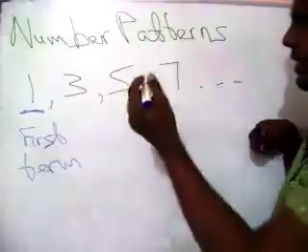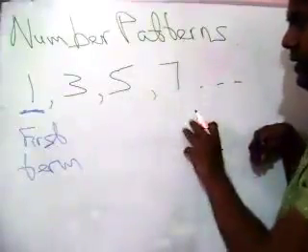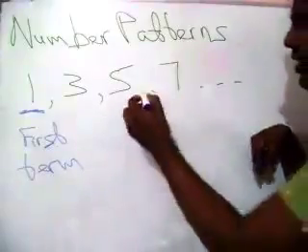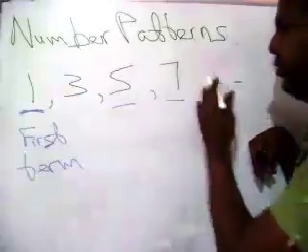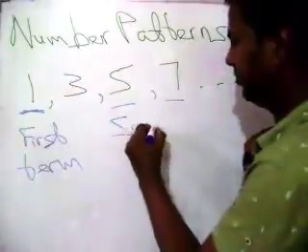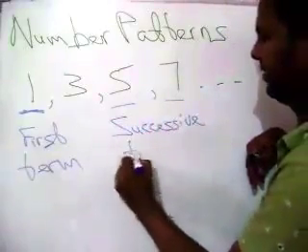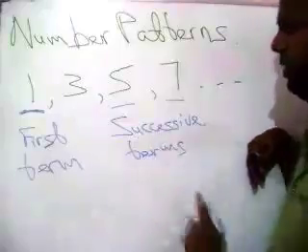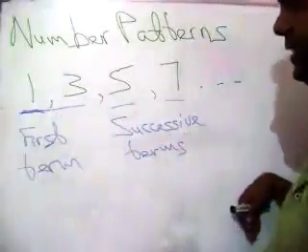Similarly, if you take two consecutive numbers, so if you take 5 and 7 here, these two numbers are called successive terms. If you take 1 and 3, they are successive terms.